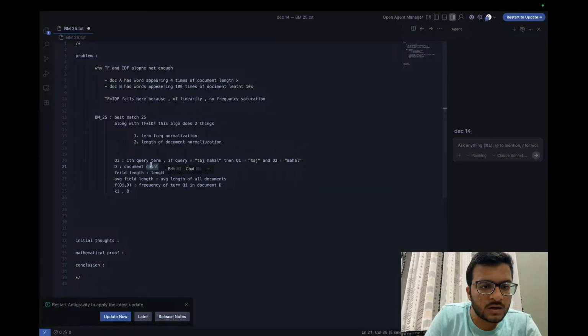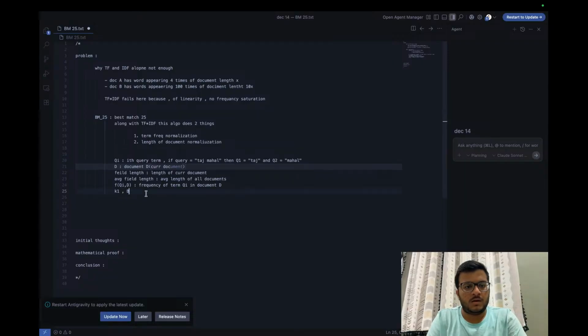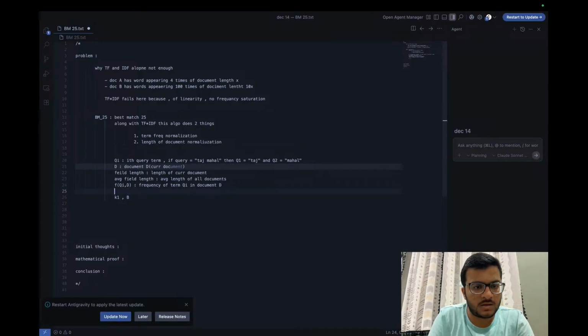Maybe this is not document count, this is document d, the current document, curdoc. Yeah, so let's give an enter mark here.